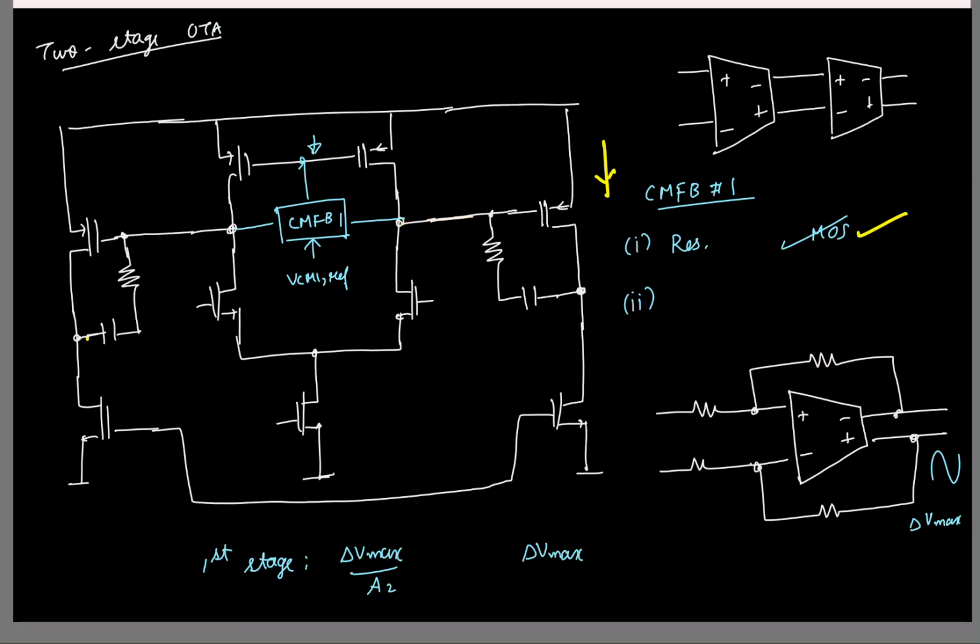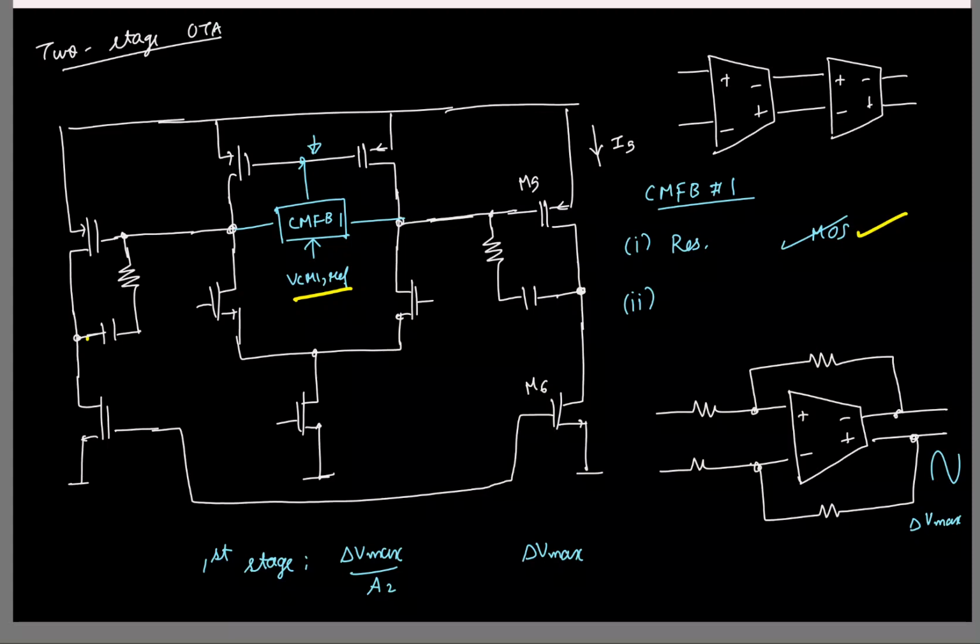Okay. So remember that when you will be designing your OTA, let us say this is some transistor M5 and M6. So let's say this current, you want this to be at some I5. From your design specifications, let's say you derive this is what you want. So you can't arbitrarily choose your VCM1 ref.